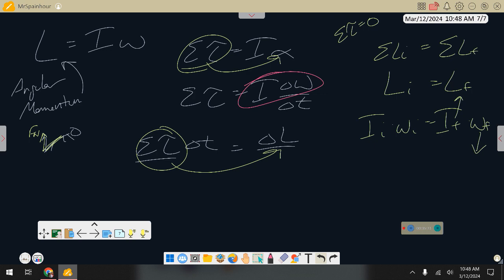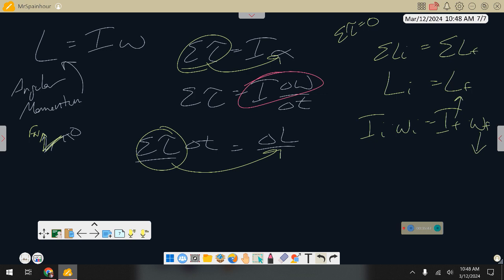Now, the really interesting one is the other demo that we did. Go ahead and stand back up there, with the wheel. We start it off in this particular case, and of course, how much angular momentum does she have? 0. I'm going to spin this counterclockwise. Go ahead and turn it all the way around.